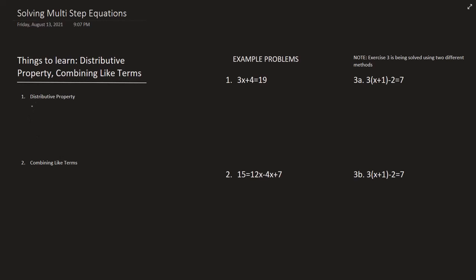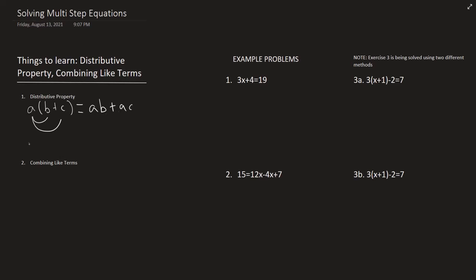So for example, if A times (B plus C) exists, then this is also equal to AB plus AC. Since A is being multiplied by B and also C, this makes them equivalent to each other. So basically, A times (B plus C) is equal to AB plus AC.